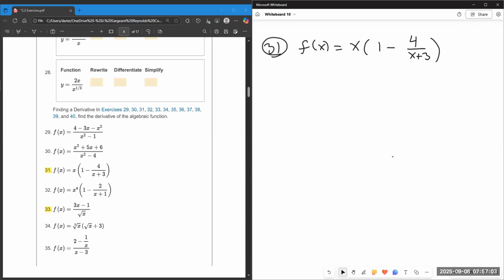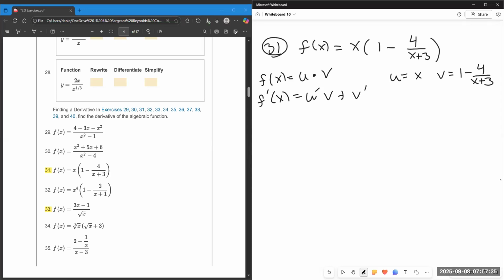So I see it written as a product, so let's go ahead and define it that way. You may already notice that I'm going to have a quotient inside, so I'll deal with that when I get there.